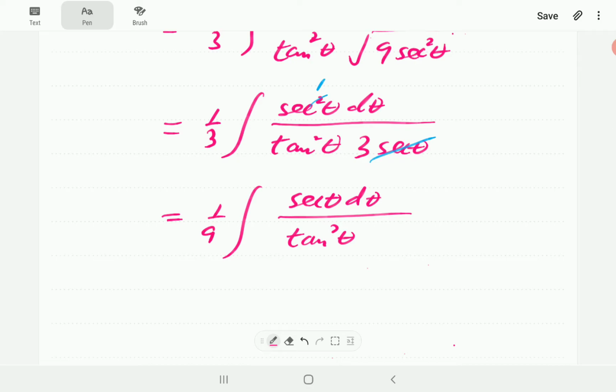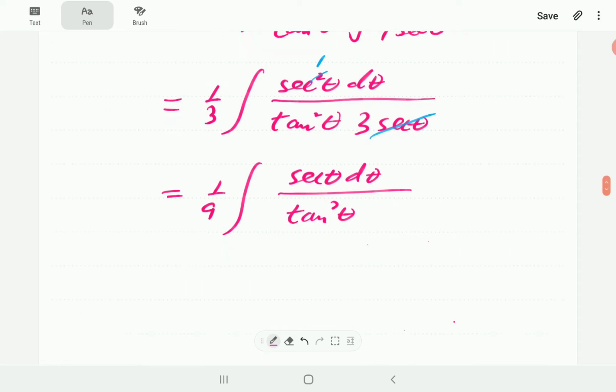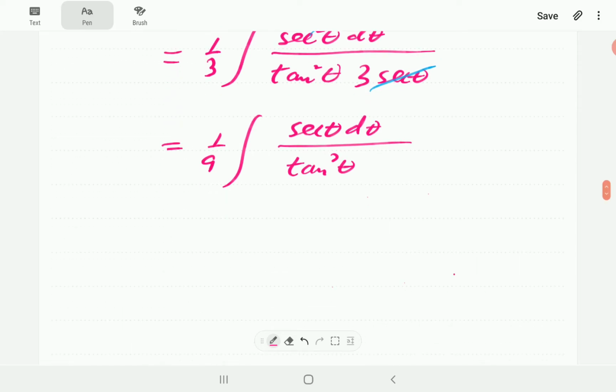Now this is going to be a bit of a problem if we try to integrate it in terms of tangents and secants. However, if we write it in terms of sines and cosines, then all of a sudden we find that we're going to have breakthroughs. If we write the tangent squared in terms of sine and cosine, we're going to have sine squared here and cosine squared here.